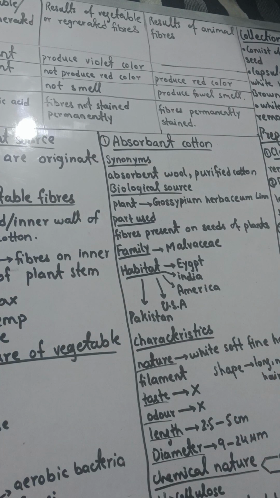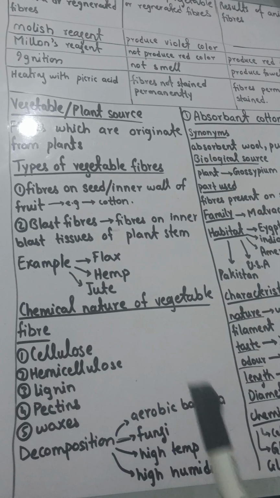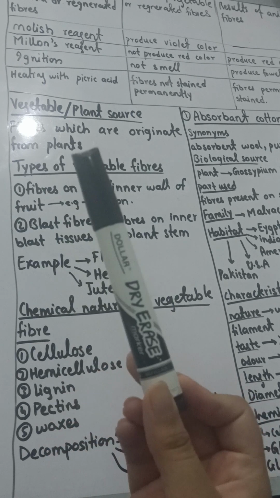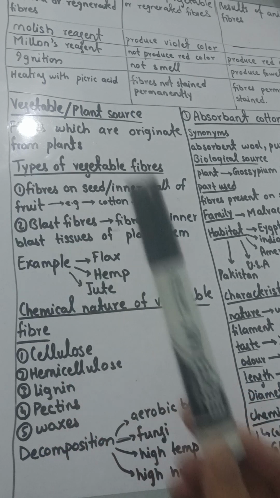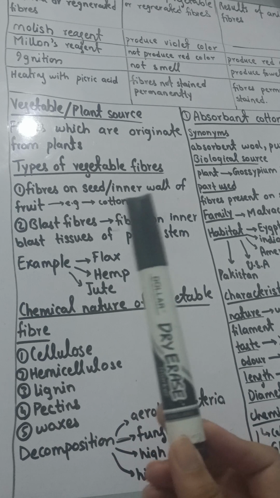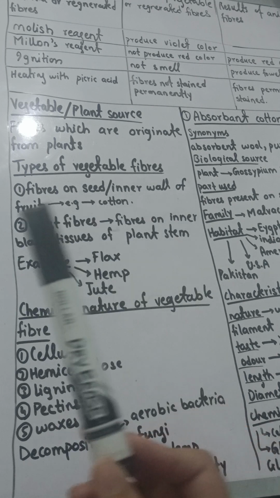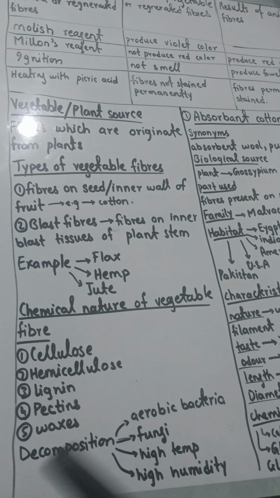Now let's start the vegetable source fibers. Here I have written that vegetable and plant source fibers are fibers that originate from plants. What are the types of them? The first type is the fibers on the seed and inner wall of the fruit. There is a difference between the locations of these fibers.